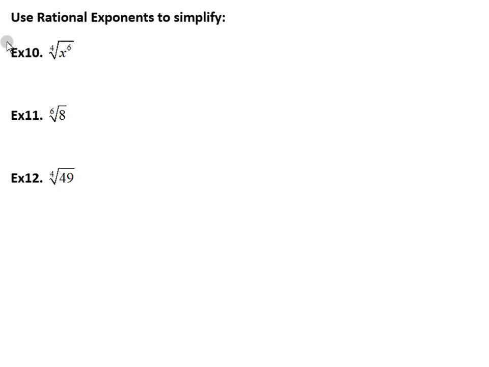Okay, last part here. We're going to use rational exponents to simplify. So first thing you notice is we're in radical form. So let's change it to exponential form. So remember, this tells me what goes in the bottom of my denominator. So inside of here we have x, and the 4 goes in the denominator.